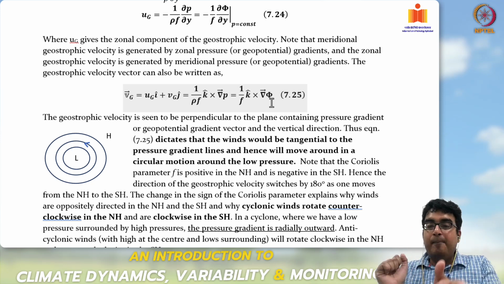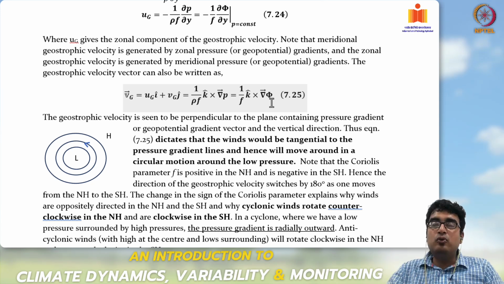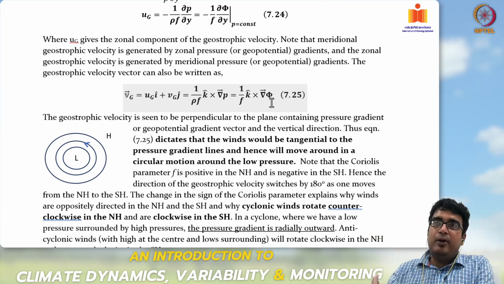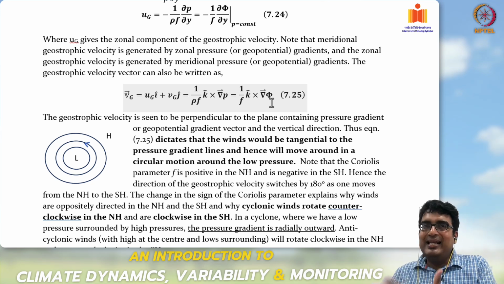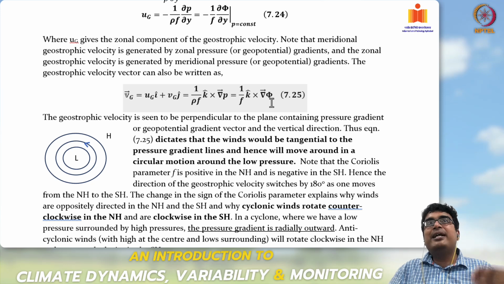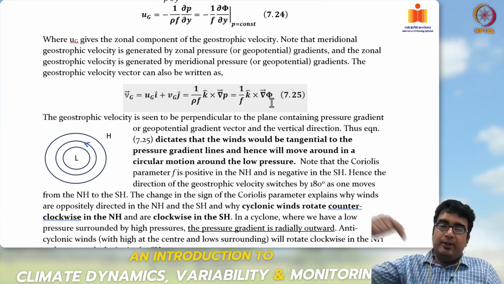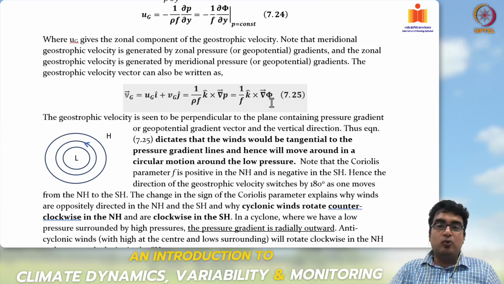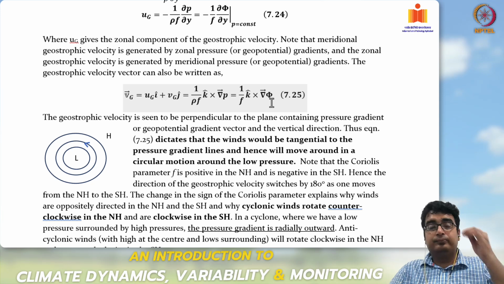Hence the geostrophic velocity vector will be perpendicular to the pressure gradient at any given location, or it also means it will be tangential to the pressure contour lines. So if you draw the lines of constant pressure, the velocity will be tangential to those.